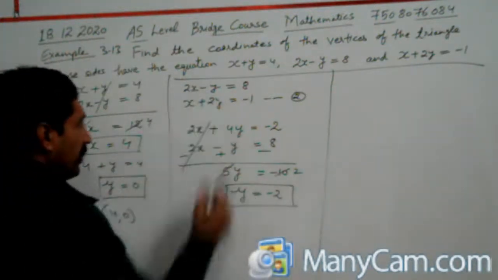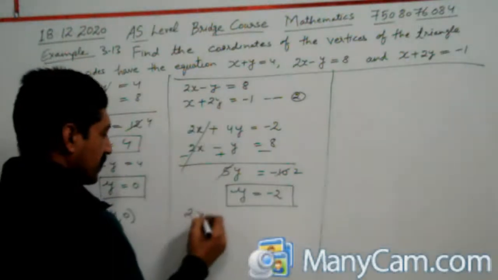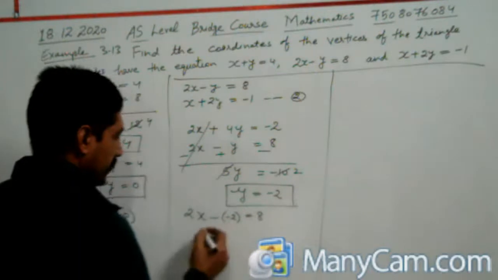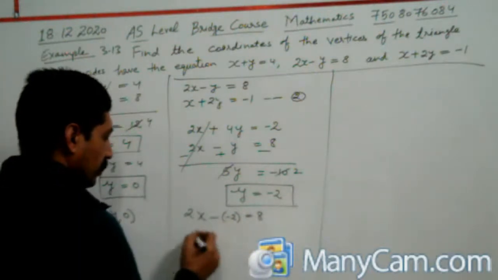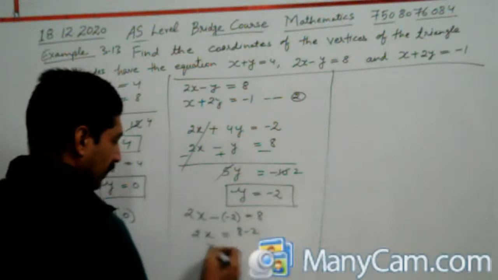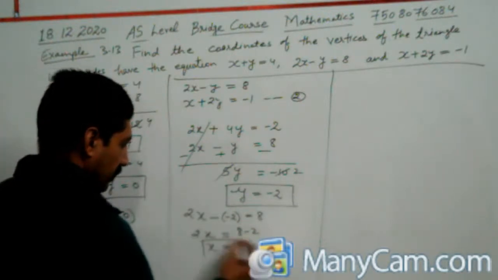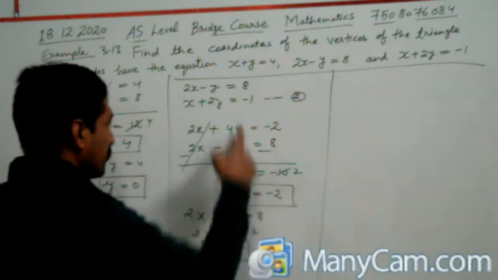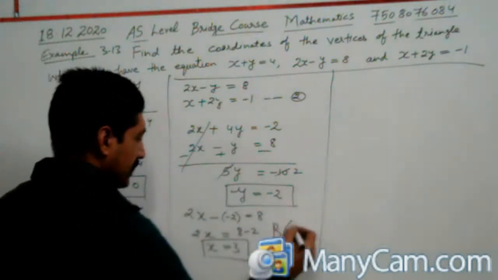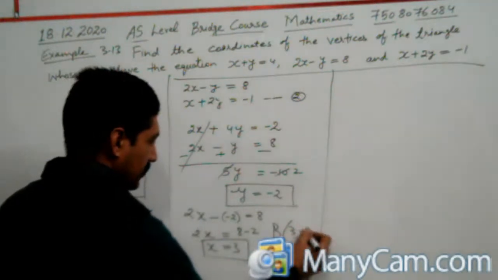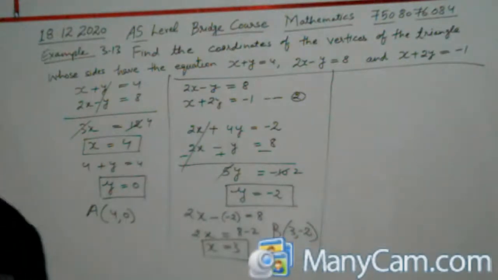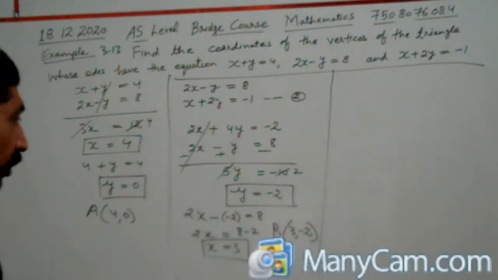Substitute the value in any equation: 2x minus of minus 2 is equal to 8, so 2x is equal to 8 minus 2, which is 6, and x is equal to 3. So the coordinates of point B are x is 3, y is minus 2.